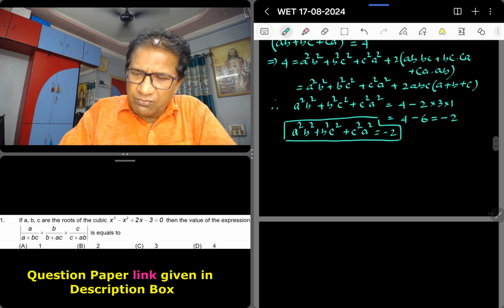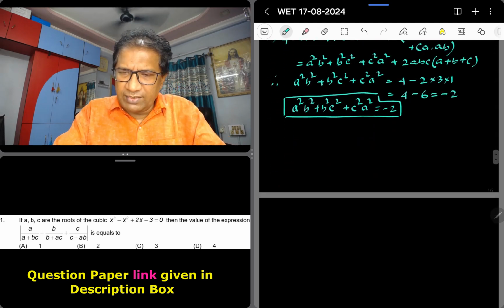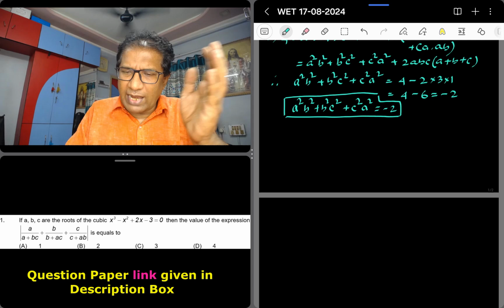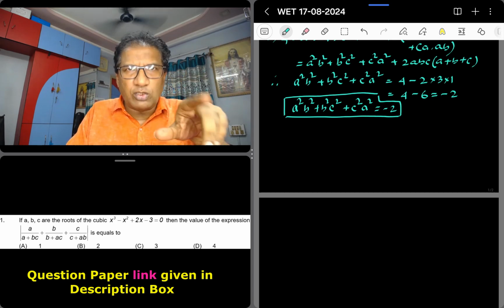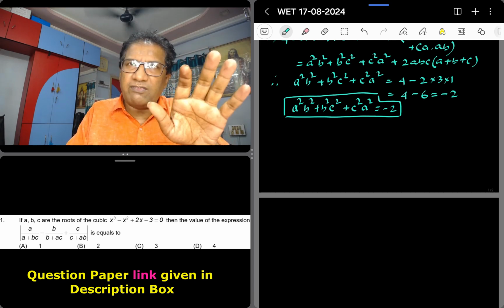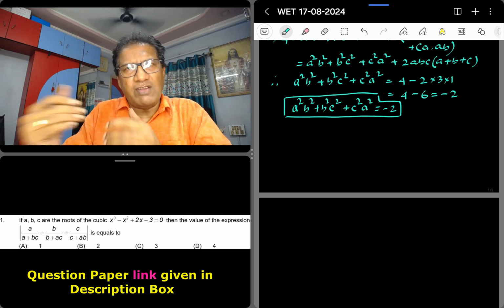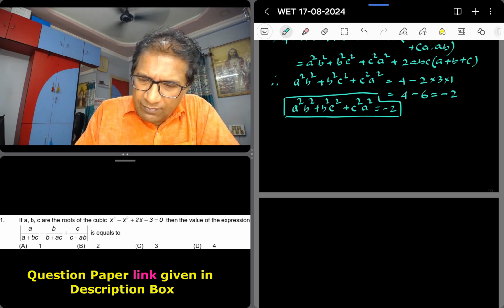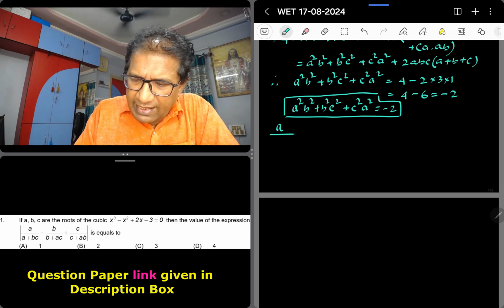Okay. Now we have to find out the value of the given expression. Now, what I'm trying to do is, I am not taking the modulus sign. I am simply calculating the given expression. And at last, I will take the modulus sign. We are having the expression like.